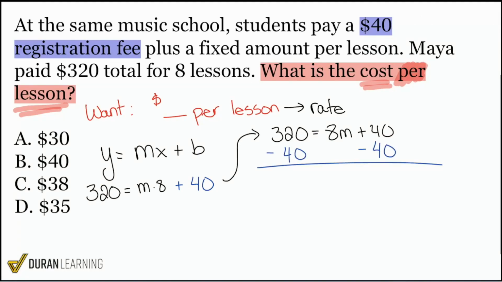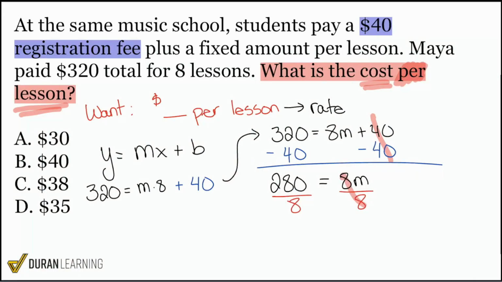Perfect. Once we do that, we have 280 on the left side equals 8m, because we cancel the 40s on the right. And then our last step is going to be divide both sides by 8. We'll show that right over here.